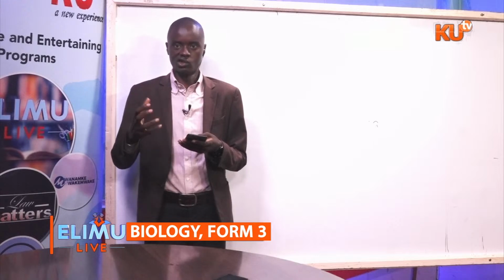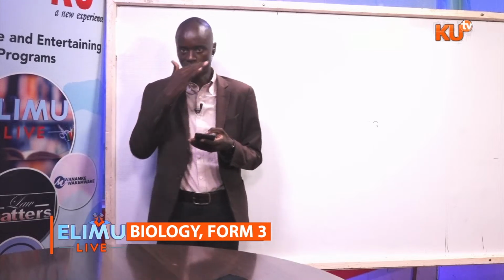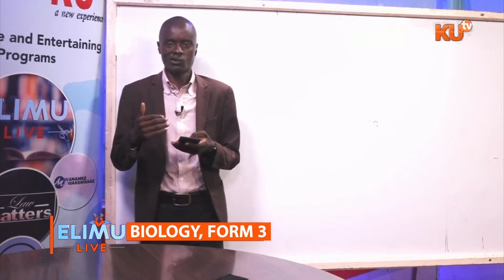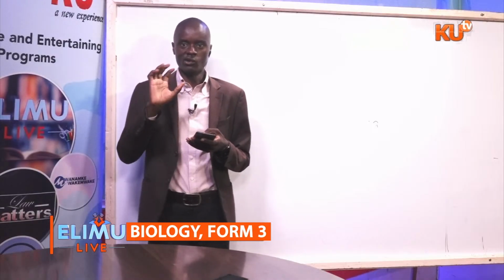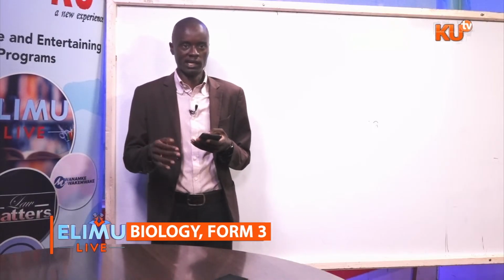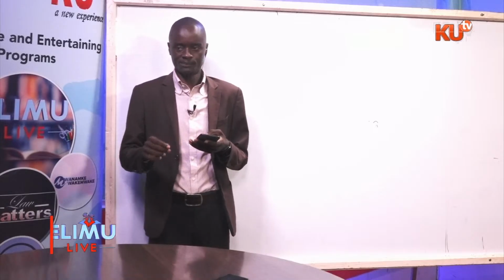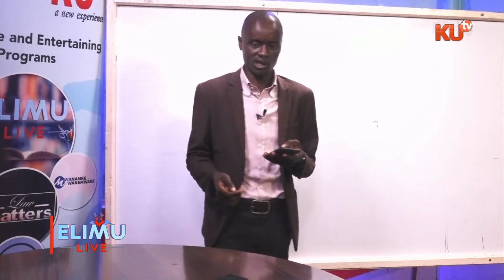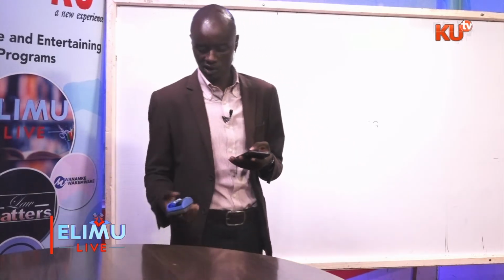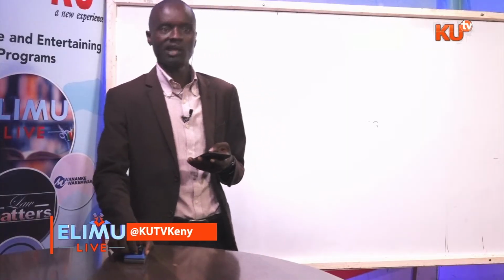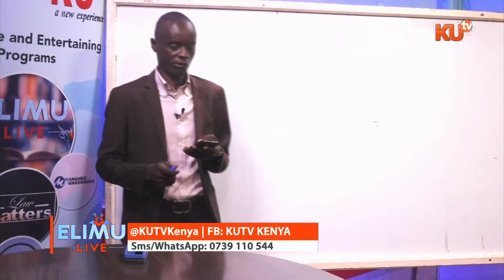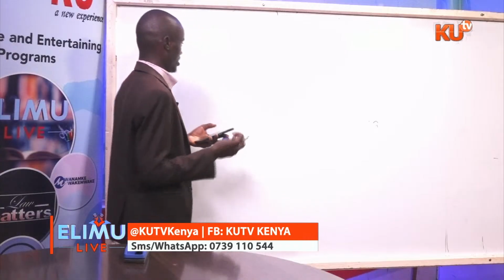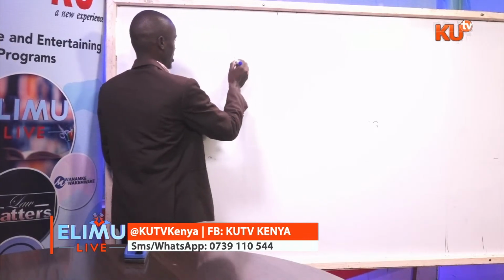It will interest you to know as a student that these hormones are released in sequence and in series. First of all, we begin with the first hormone, that is the follicle stimulating hormone. And the follicle stimulating hormone is always followed by a hormone called estrogen.